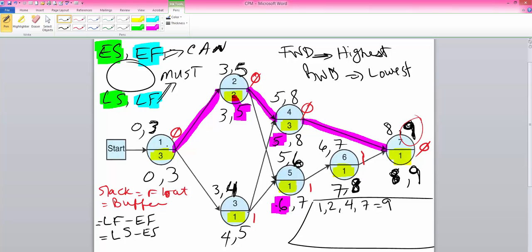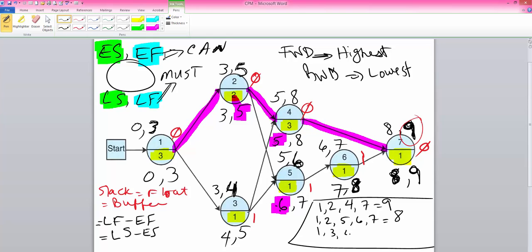Another path is 1, 2, 5, 6, 7. Let's see what the duration for that is. I'm going to add up all the times on that path. 3 plus 2 is 5, 6, 7, 8. Another path is 1, 3, 4, 7.